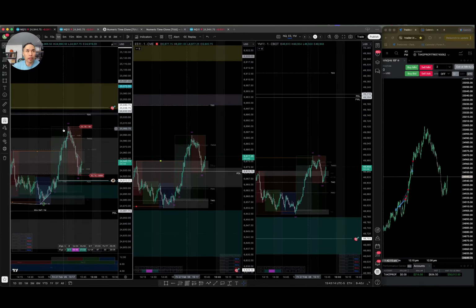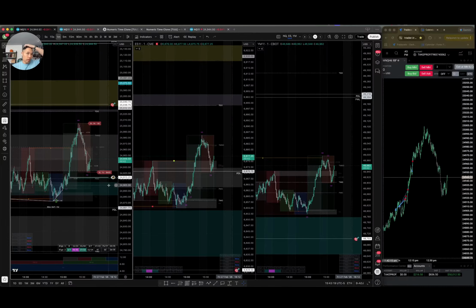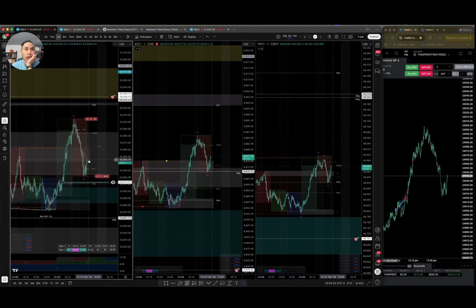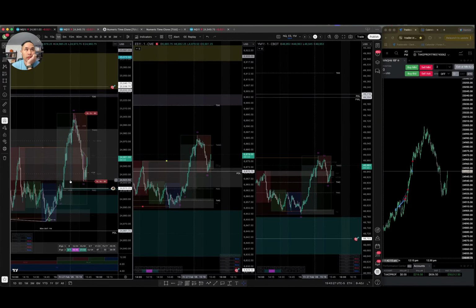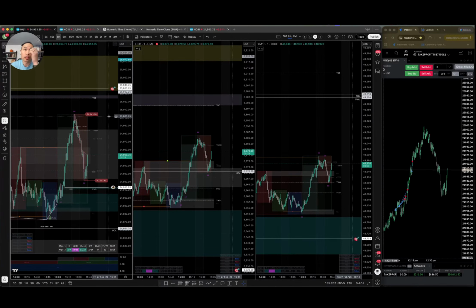No SMTs up here, other than no country SMTs, so just not a bad setup. There's a little SMT here, high with YM. Okay, was that it? Still think the draw is up here.